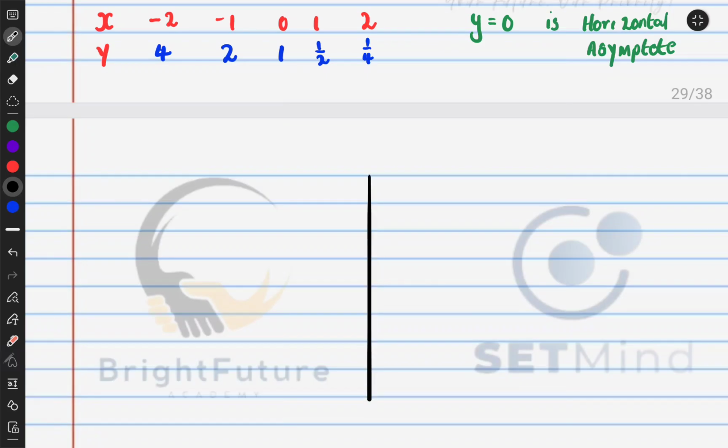It's another variant or variation of the basic exponential functions.